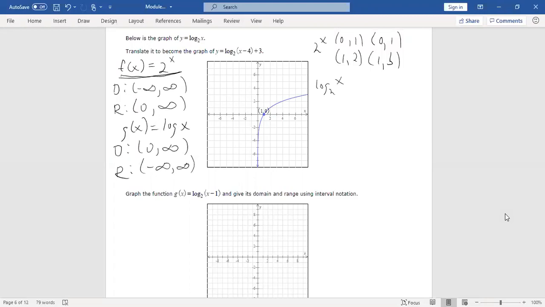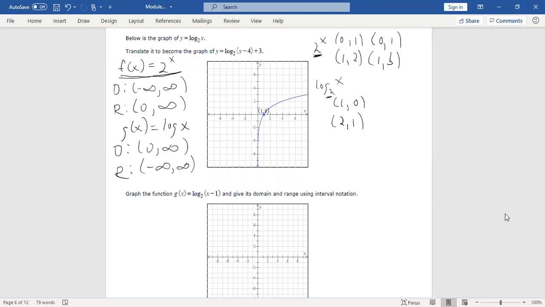So that means in logarithms, it's going to pass through the point 1, 0 because x and y switch places, and then 2, 1. Again, exponential having base 2 and log base 2.